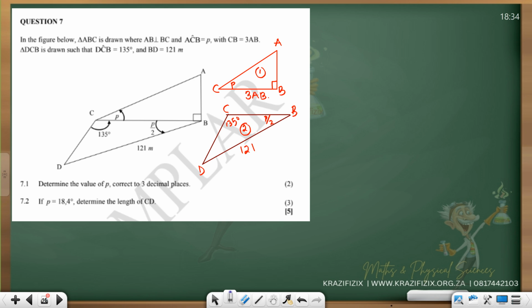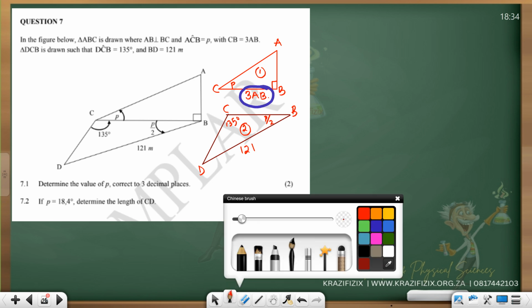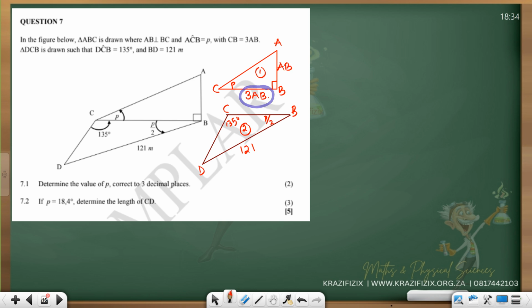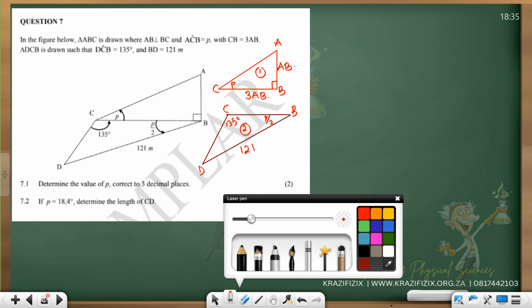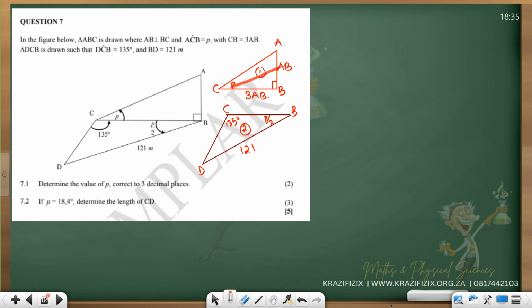What's triangle 1? It's a right-angled triangle. When we see a right-angled triangle, what do we use? SOHCAHTOA. Now check, look at what's giving it away. This is 3AB and this is AB. What do you notice? I have opposite and adjacent.